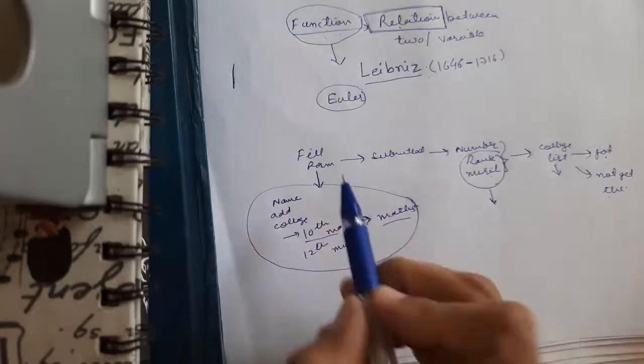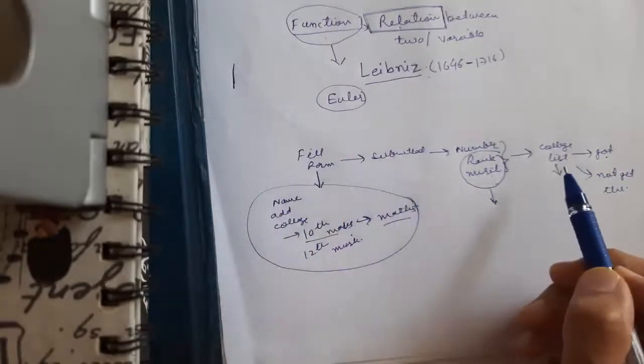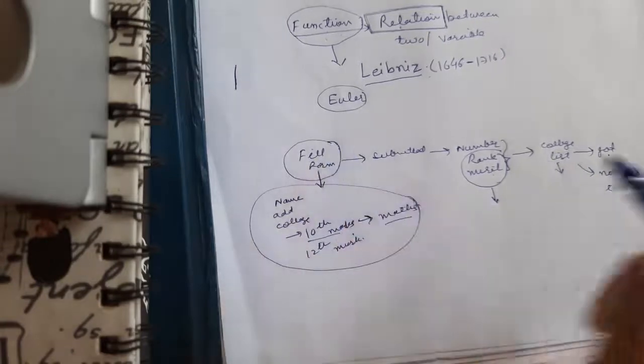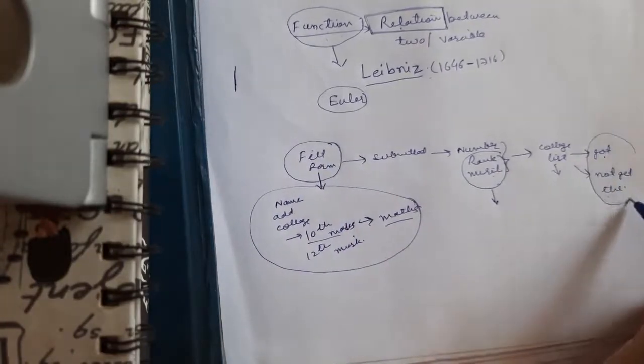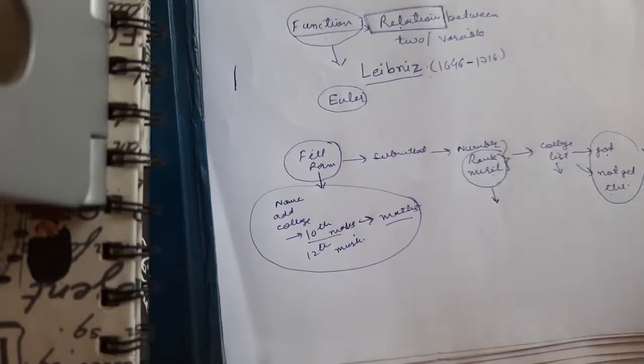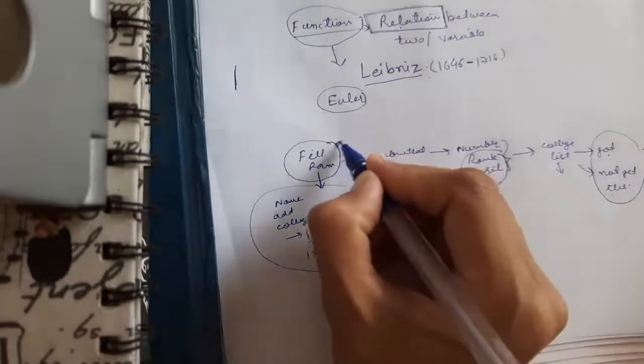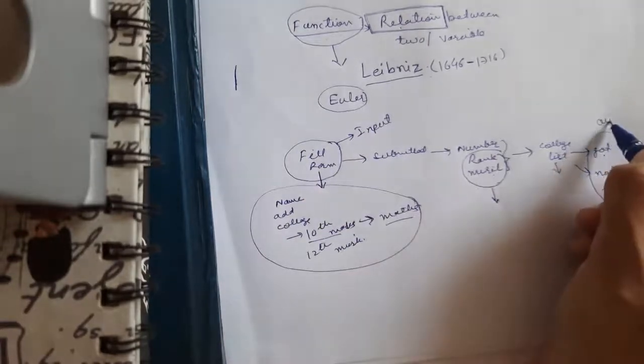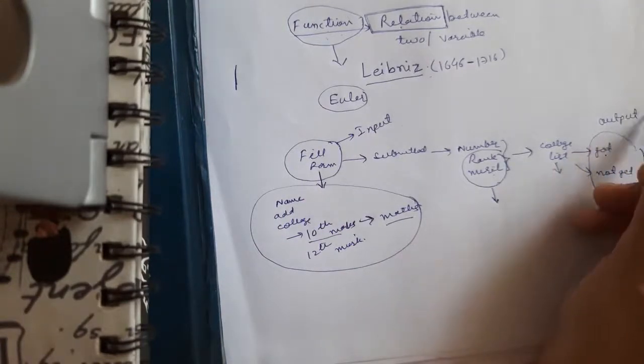Now in this whole system, this form is your input, and finally getting admission or not getting admission is your output, right? Suppose I say that this is your input and this is your output.